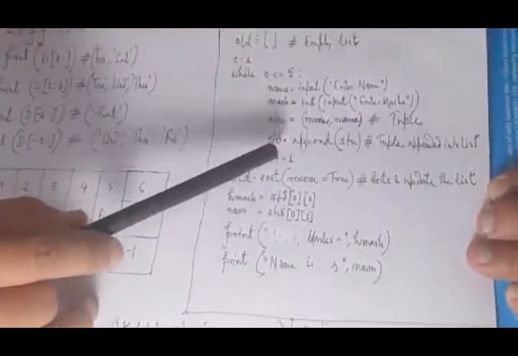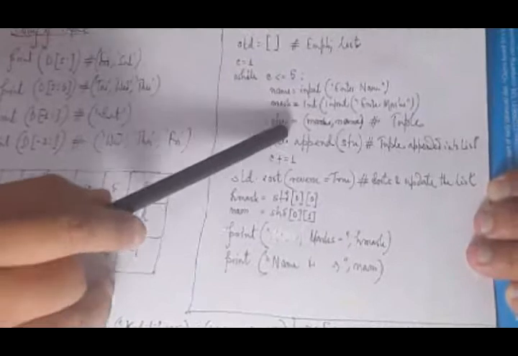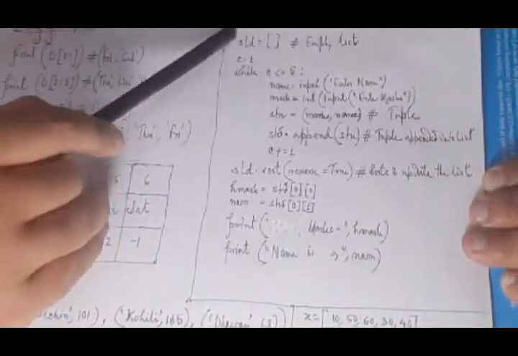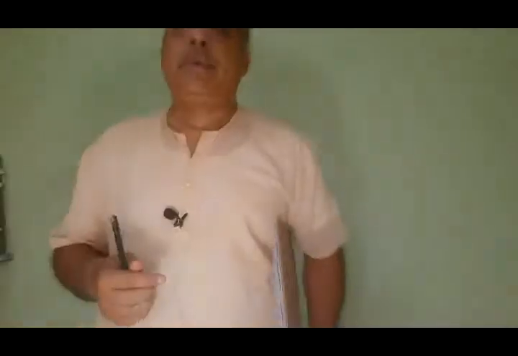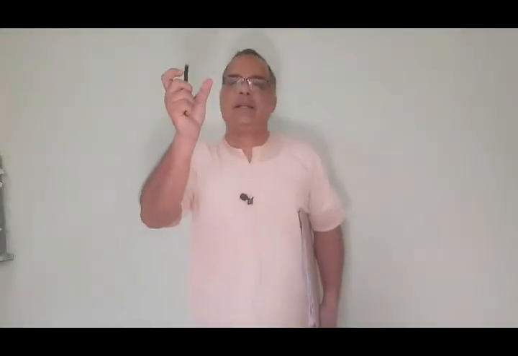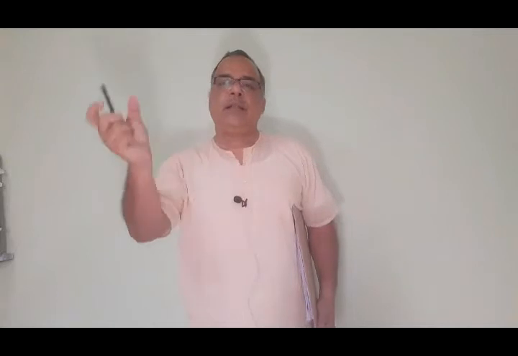Now what we are doing in STD, in the list, we are inserting the values of the tuple. After creating the first tuple, then we are inserting the tuple into the list. Rather, we are appending the tuple in the list.